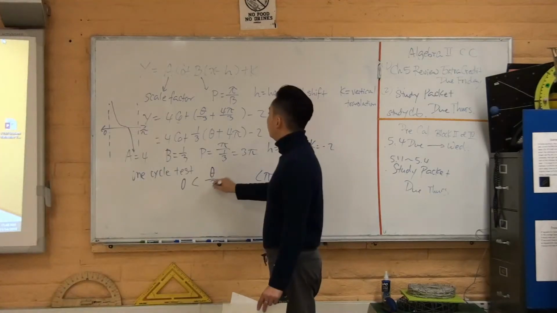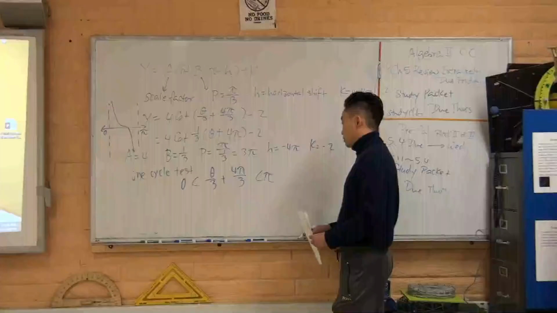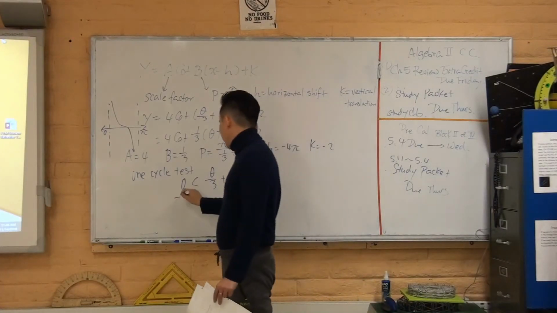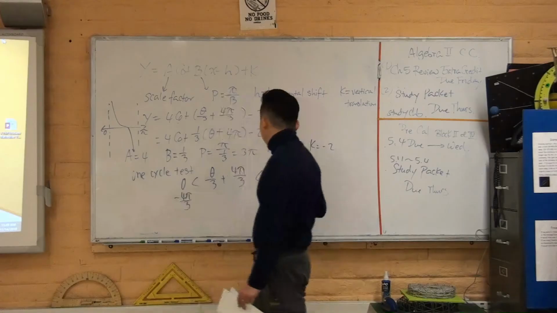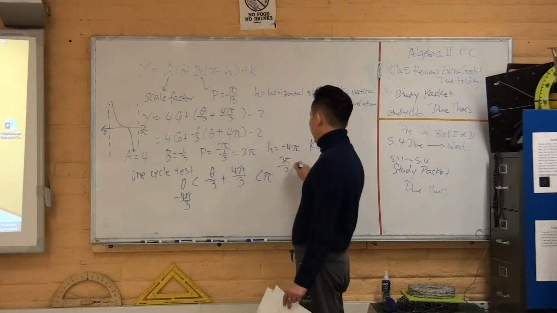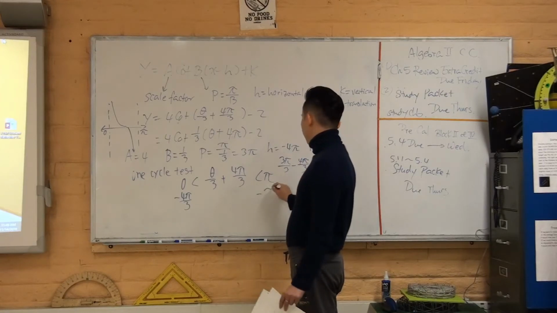Over 3 plus 4 pi over 3, we want to solve for theta. So subtract 4 pi over 3, and then pi minus 4 pi over 3. So we have pi over 3 minus 4 pi over 3, which is negative pi over 3.